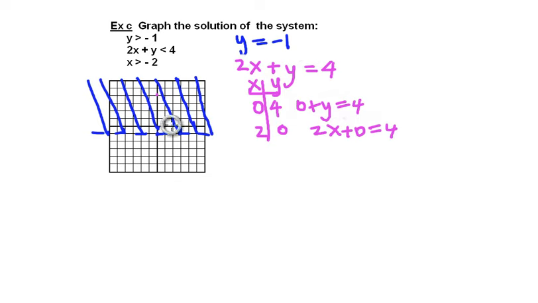And I need to decide whether this will be solid or dotted. It does look like we've got a strict less than, so this will be a dotted line. And now I need to decide where to shade. Since the inequality is not in slope-intercept form, it doesn't have the y isolated on the left, I'm going to use a test point. When I look at the origin in relation to the blue line, the origin is not on the line, it's clearly on the left of the line, so I can test that point.